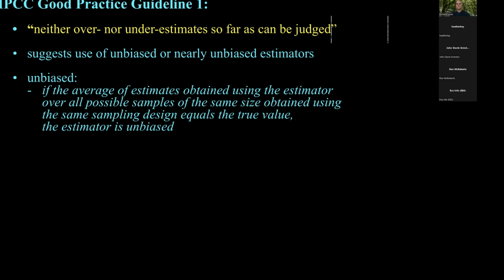Unbiased means that the average of all the estimates you could obtain with that estimator over all possible samples of the same size obtained using the same sampling design equals the true value. So it means you need a lot of samples, not one sample with a big sample size, but multiple samples, and you need to know the true value.